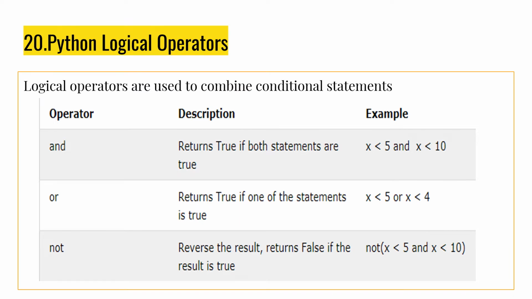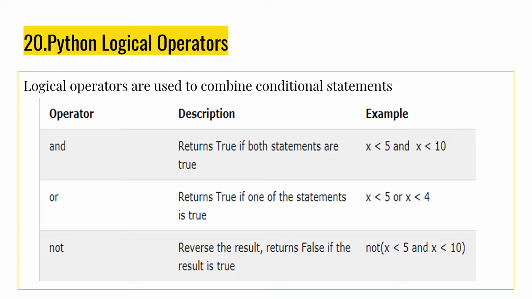So the next important question you might expect in the interview with respect to Python operators is the logical operator. The logical operator is used to combine two conditional statements.